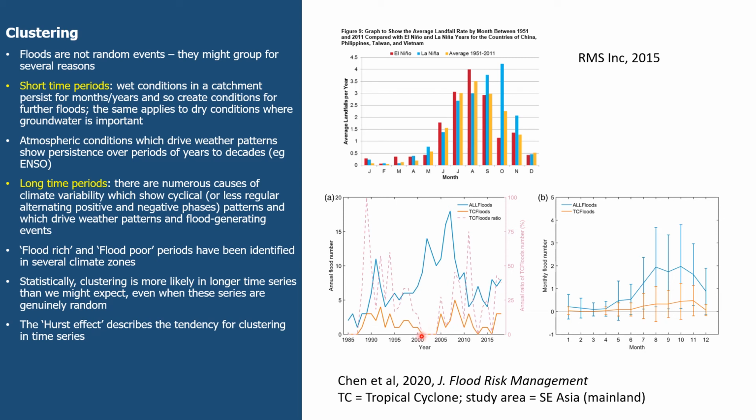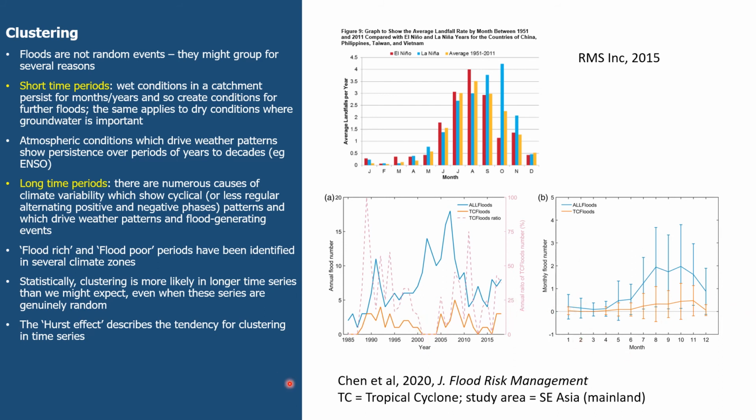In fact, there were none in this region in around about 2003. These were floods caused by other processes, whereas when there are fewer floods overall, tropical cyclones are more important causes of that flooding. And again, we see seasonal patterns in tropical cyclone generated floods.